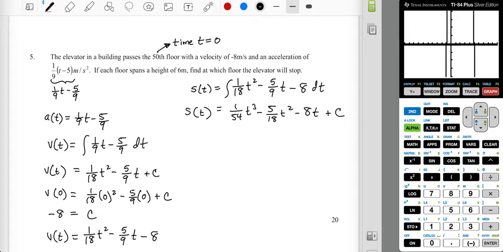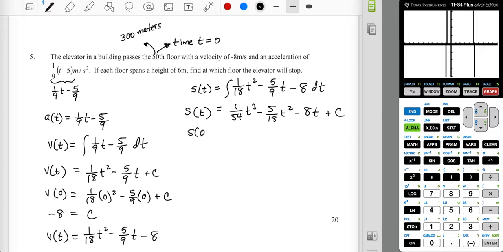All right, now they're telling us that each floor spans a height of 6 meters. The 50th floor would then be 300 meters up, at time t equals 0.